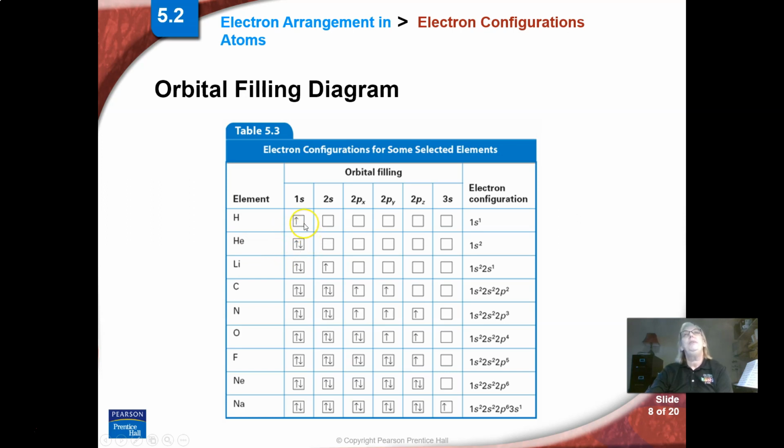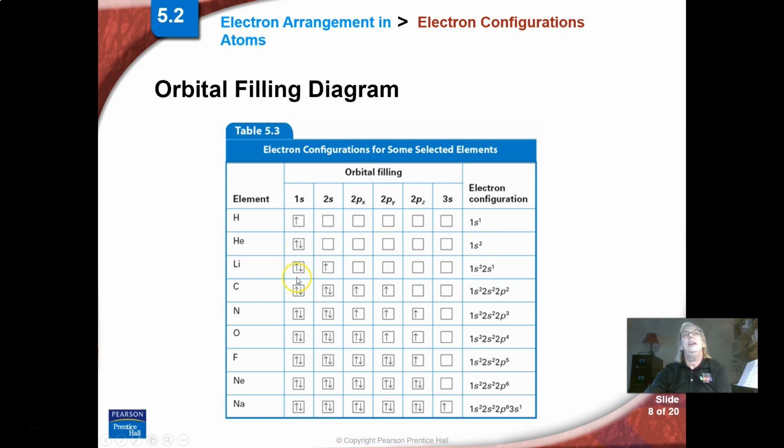The way we write these is H has 1 electron in the 1s, which is the lowest energy level. The s is the sphere shape, and there's 1 electron living there. In helium, we're saying there's 2 that live in that orbital. So this is the energy level, this is the orbital shape, and this is how many electrons are living in that shape.